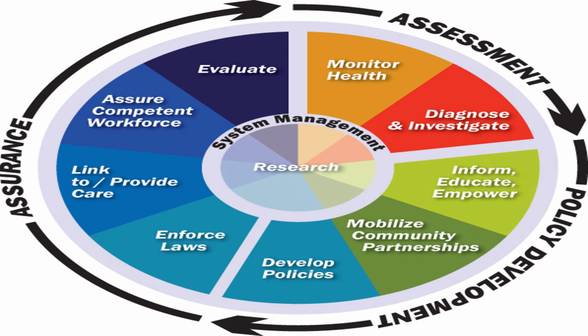He evaluates, he monitors, he diagnoses and investigates the community at large, informs them, educates them, empowers them, mobilizes them, develops the policies, enforces the laws, provides care, assures the competent workforce, and this, in a holistic manner, manages the whole public health.